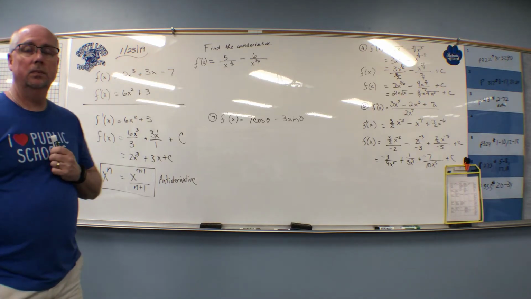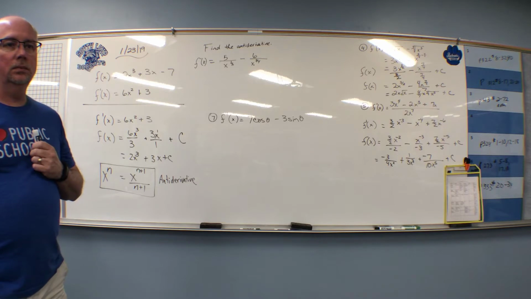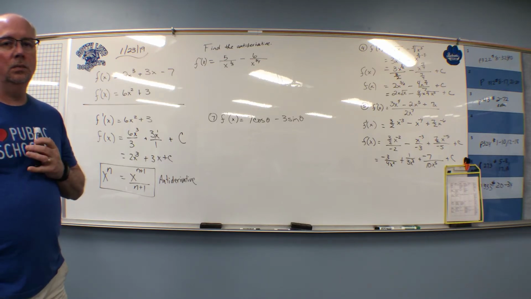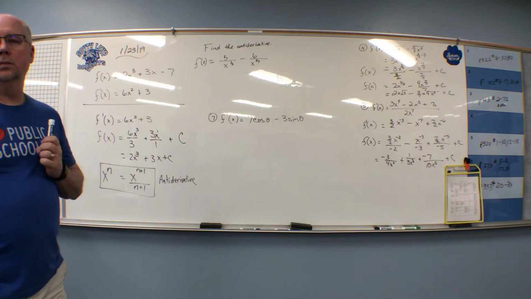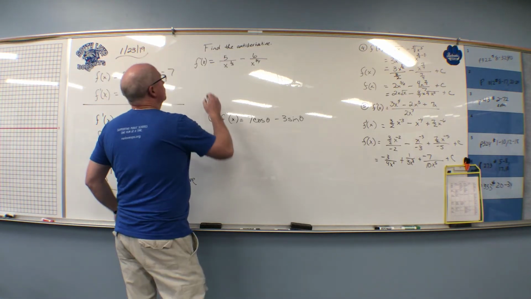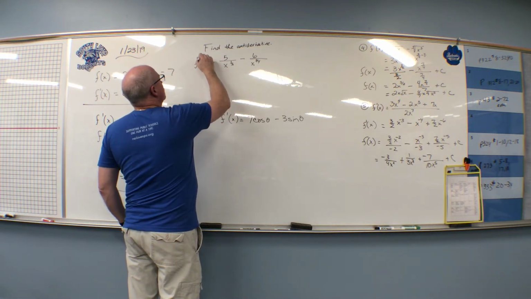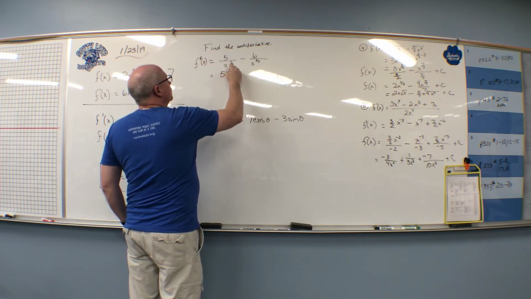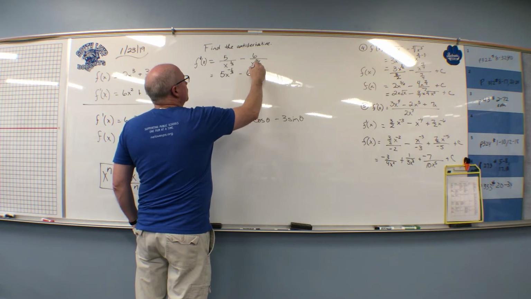Yes. What do you mean, like that is improper? 15/2. Weston, it's over x to the 1/3. When you put it up to the top, it'd be 5x to the negative 1/3. Yeah, minus 6x to the negative 3/4.